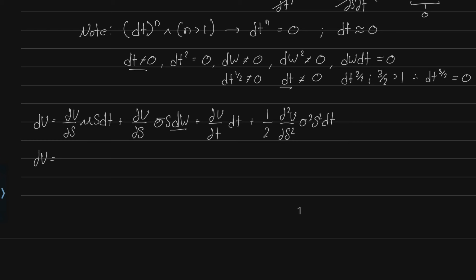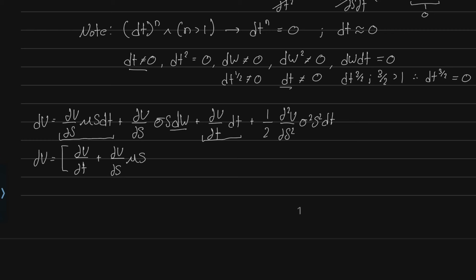So essentially, in the end, what I have is dv dt, which I'm going to take care of this term right here without the dt, and then I'm going to say plus the derivative of my financial derivative with respect to my stock price, the partial derivative of that, times mean returns times s, which will take care of this term right here.